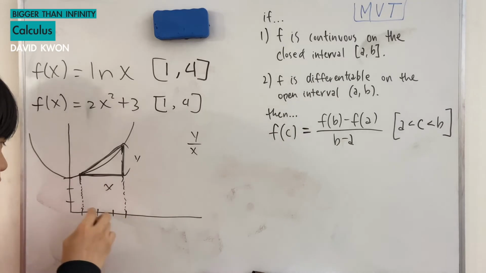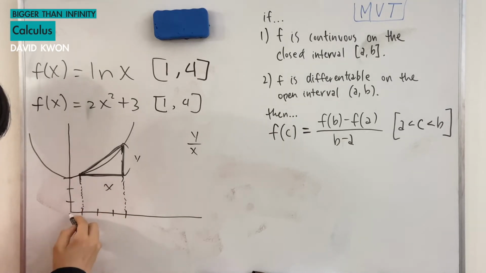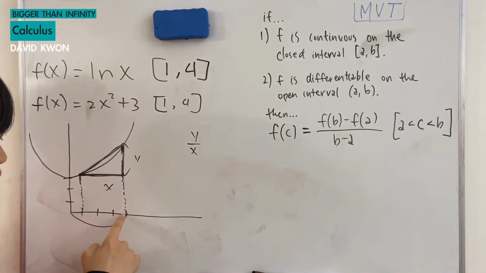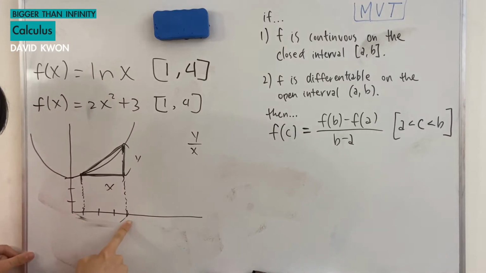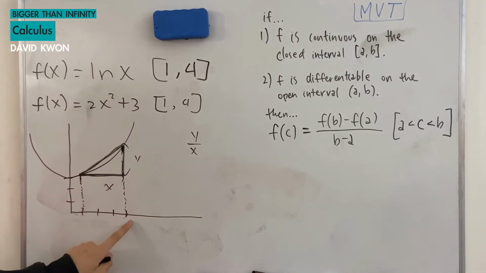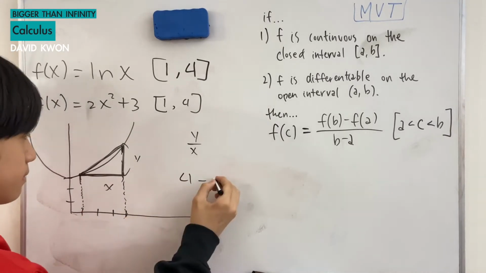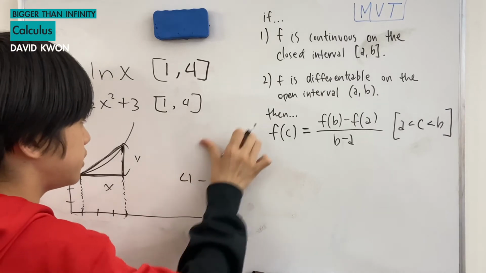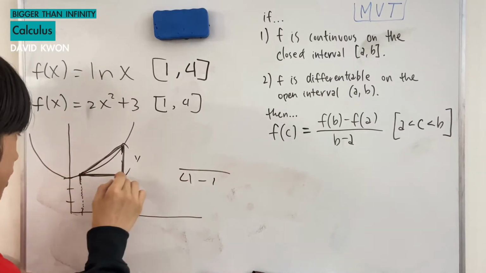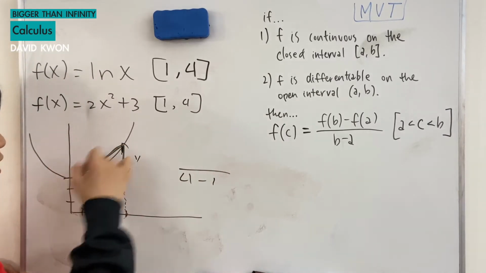That is this minus this. You guys get the point. This point is 4 and that's 1, so 4 minus 1 is 3. So this represents the x, and it is 3. If we find the y, we find the slope.